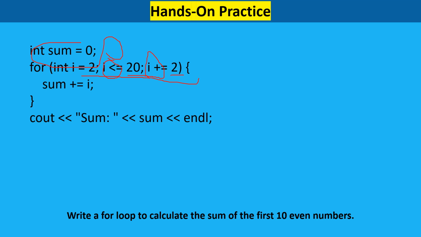And i += 2. After each iteration, the value of I is incremented by 2, ensuring that only even numbers are processed, like 2, 4, 6, up to 20. And sum += i is shorthand for sum = sum + i. The current value of I is added to sum and the result is stored back in sum.